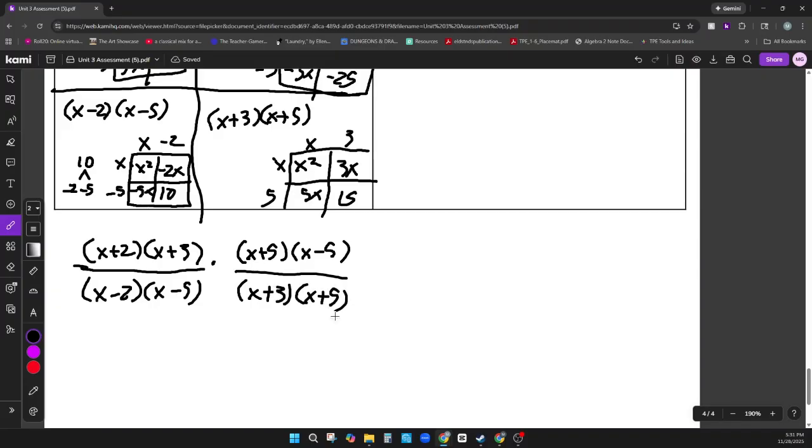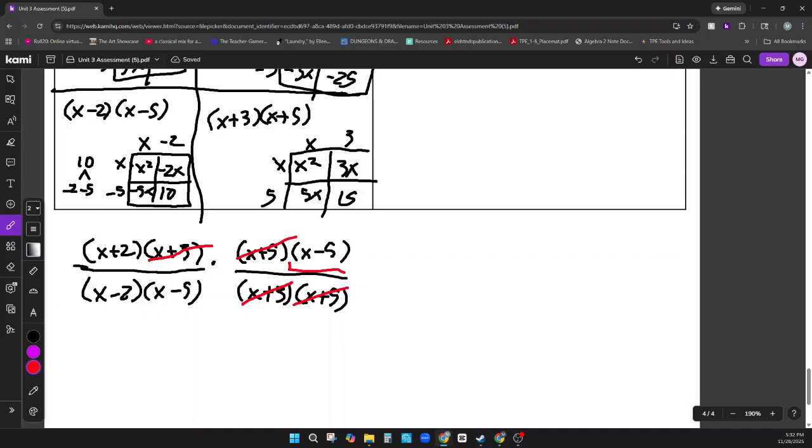Now, I can only cancel from numerator to denominator, but I can cancel up and down or diagonally. So I'm just looking at my numerator and denominator to see if there's anything in common. The first thing I notice, my x plus 3s aren't the same. Then I notice my x plus 5s are the same.